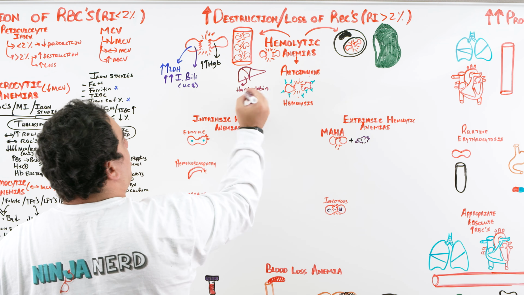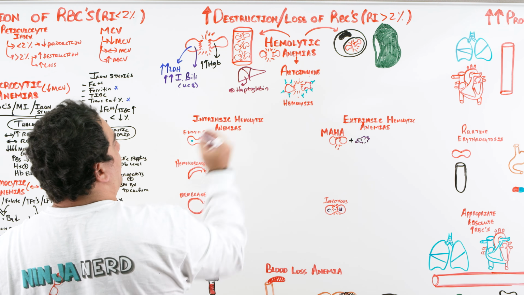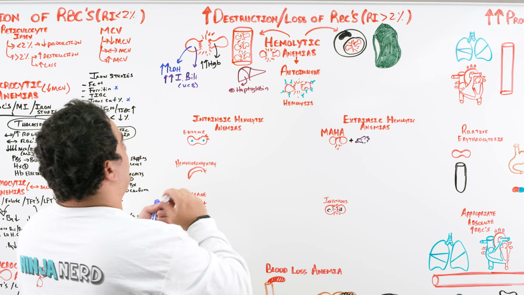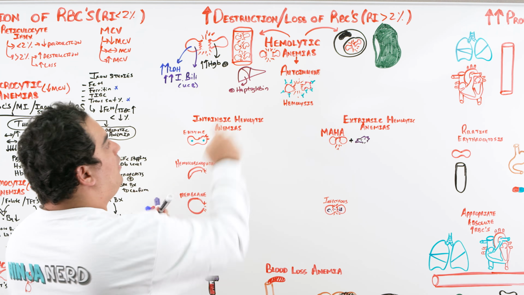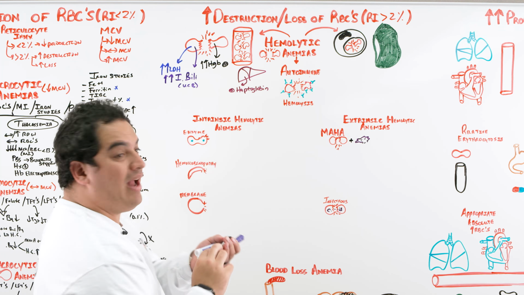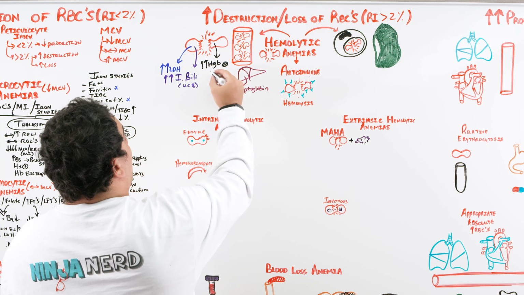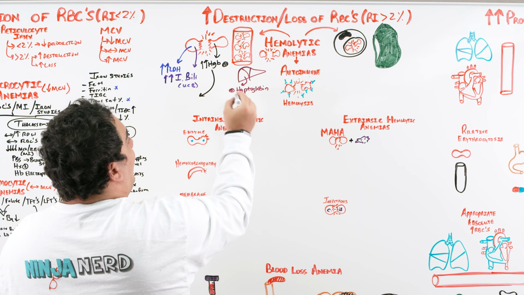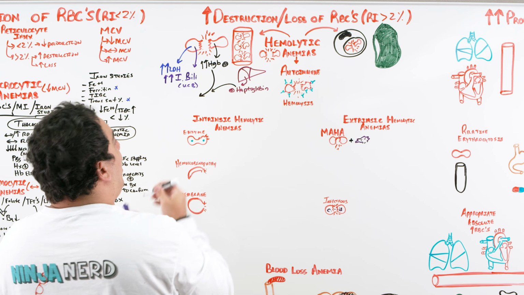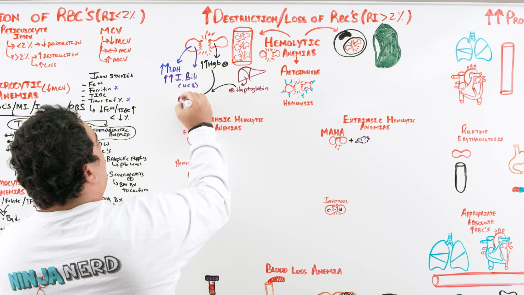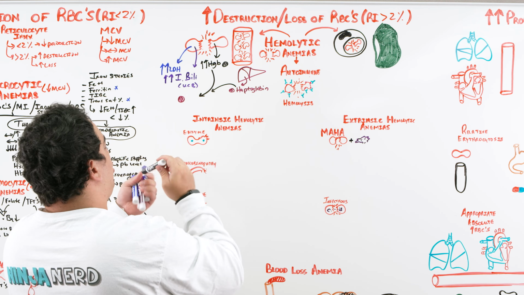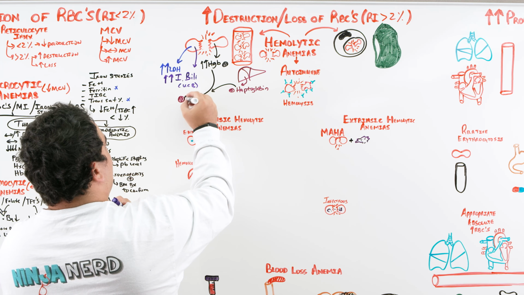Imagine haptoglobin as a little circle here, and hemoglobin as this circle here. Haptoglobin will not allow hemoglobin to float around by itself. So hemoglobin and haptoglobin complex with one another and bind, so that haptoglobin can prevent hemoglobin from causing all types of problems.